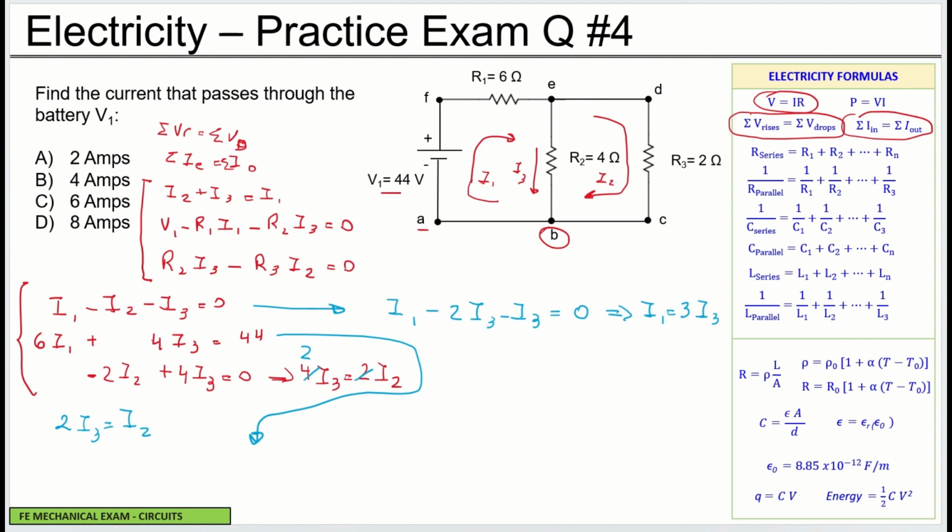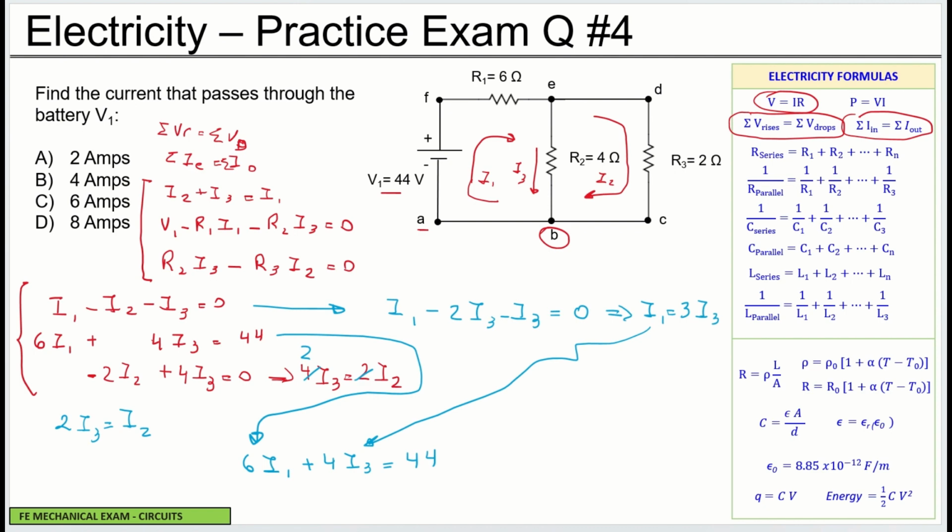And if I take the last equation, basically I'm going to rewrite equation 6I1 plus 4I3 equals 44. What I need is the relationship between I1 and I3 and put this information in here.